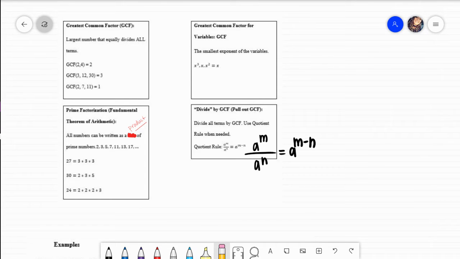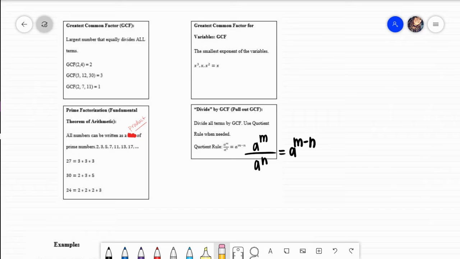If you have three terms, it'll be the largest number that divides all three of those terms, not just one, not just two, but every single term. So if you look at the GCF for 2 and 4, the largest number that divides both of those is 2. The GCF for 3, 12, and 30, the largest number that divides all three of those is 3. If you look at 2, 7, and 1, the largest number that divides all of those is just 1. It's the greatest common factor. That's the largest number they have in common.